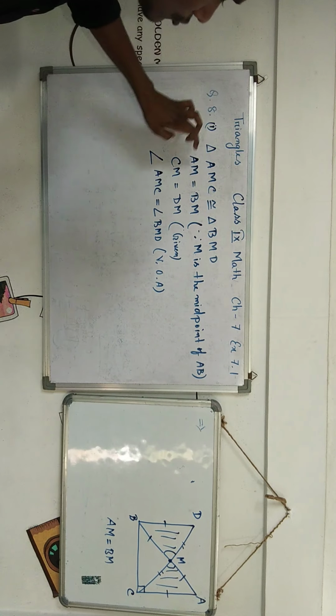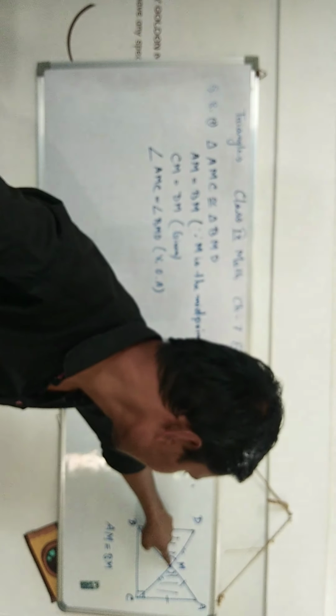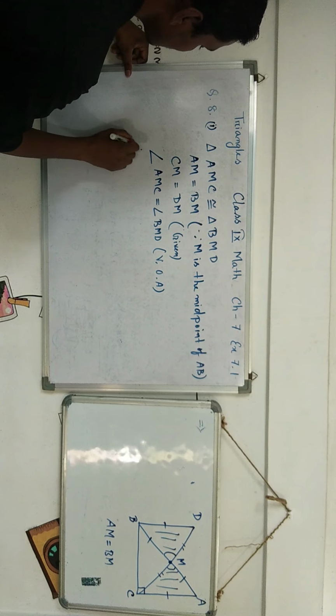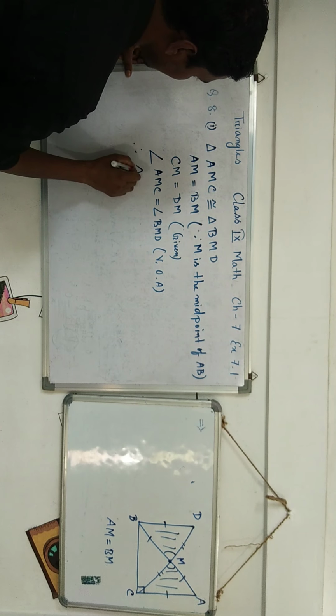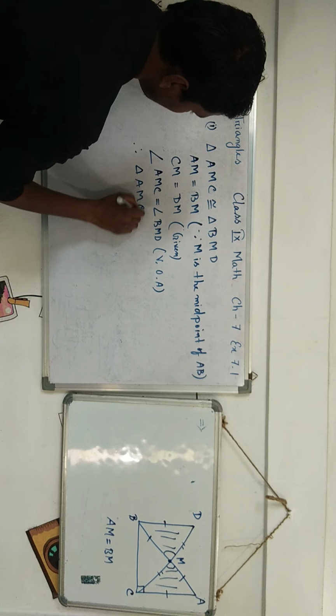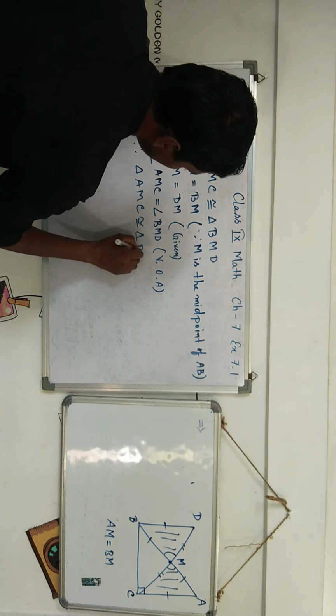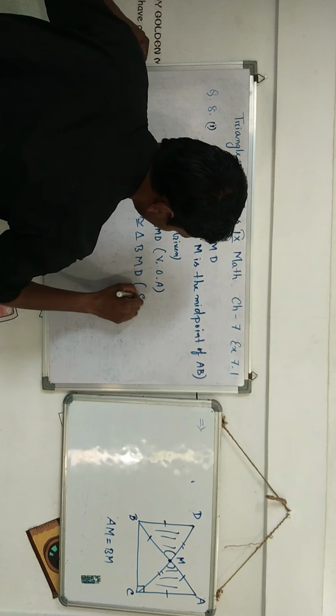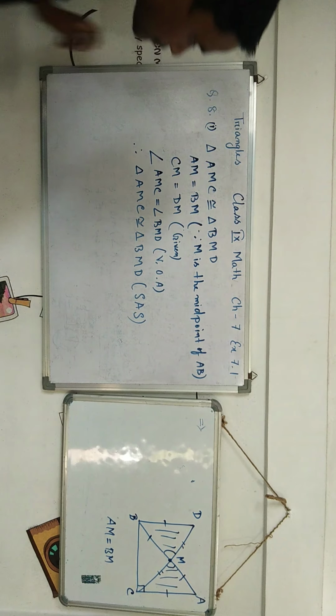So I got two sides equal and the included angle equal, side angle side. According to the SAS criterion, these two triangles are congruent: triangle AMC is congruent to triangle BMD.